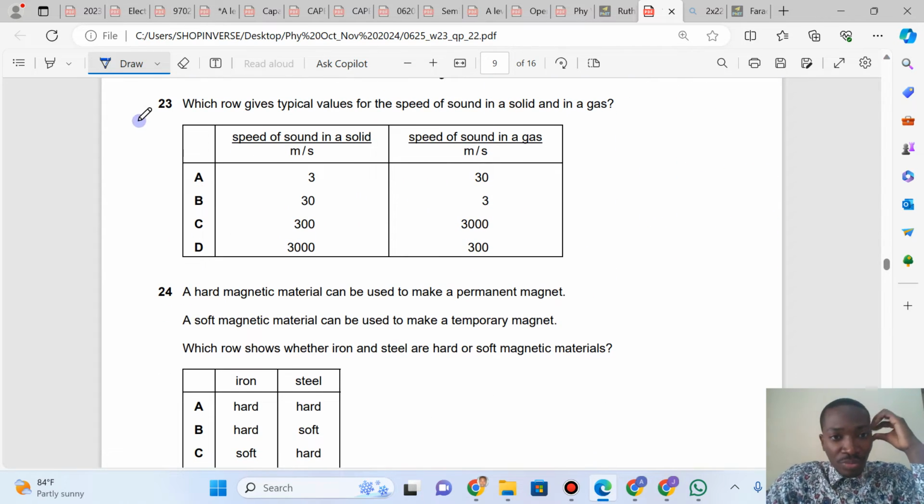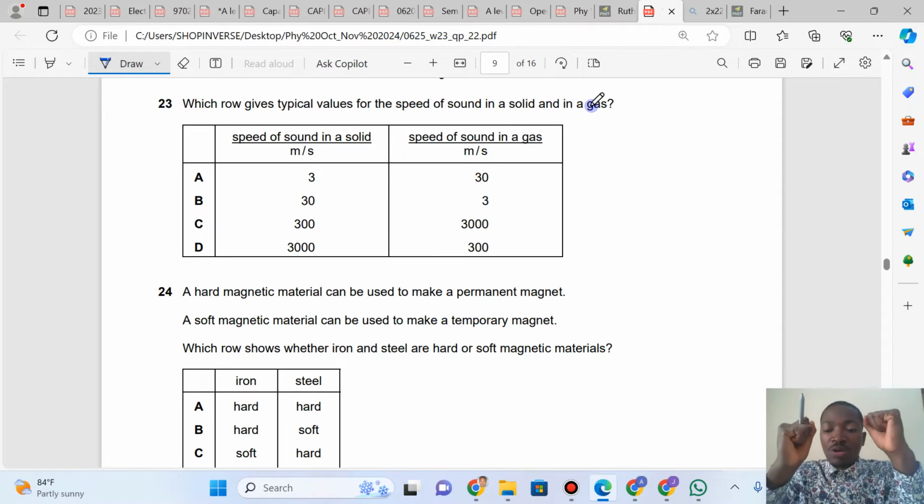Question 23. Which row gives typical values for the speed of sound in a solid and in a gas? In a solid, the speed of sound is highest because the particles of a solid are close together, so the particles can easily vibrate and hit each other. In a gas, the distance between the particles is large compared to that of a solid.